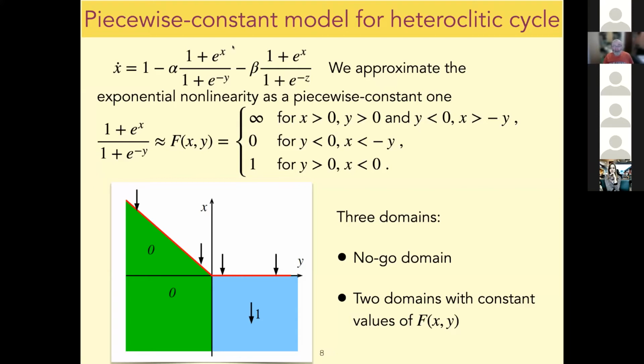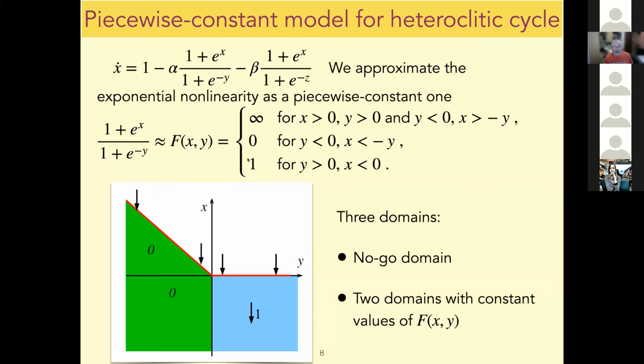So the idea, again, is to approximate the smooth function with a piecewise constant one. We typically have this ratio here, and with this approximation it has essentially 3 possible values, depending on the relation between x and y.